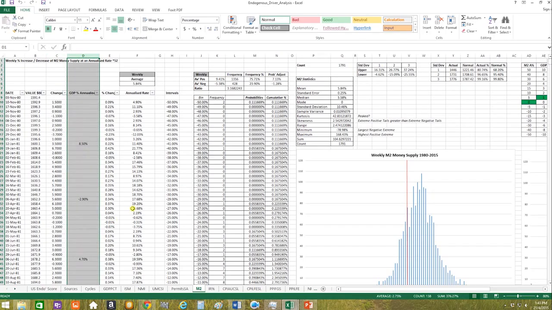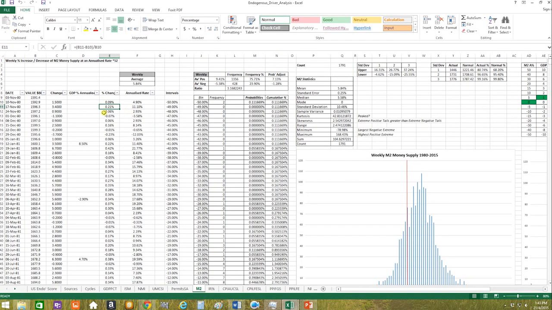We also have the percentage change in GDP, and that is real GDP on a quarterly basis, and that is worked out as an annualized rate. And this data is also downloaded from the St. Louis Fed. We then have the percentage change in the weekly money supply.